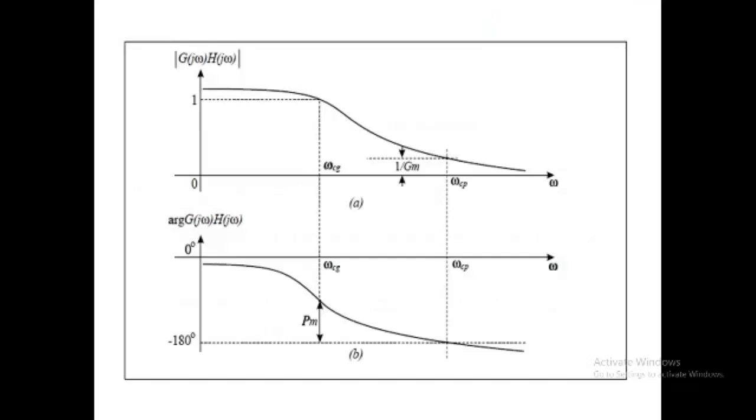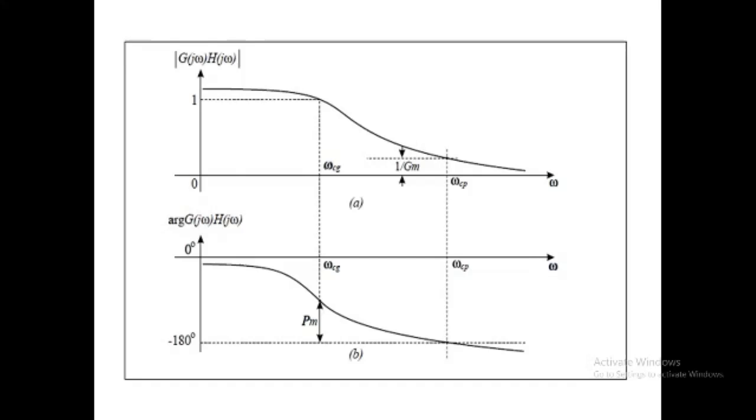See this diagram. Basically, we are moving towards frequency response characteristics. The open and closed loop system transfer functions were already defined in our unit number 2.